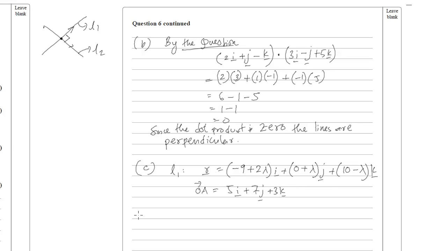In order for this to work, we have to find lambda using the point of intersection rule: i equals i, j equals j, k equals k. And if the three values of lambda match, that means it's exactly one point that lies on this line.